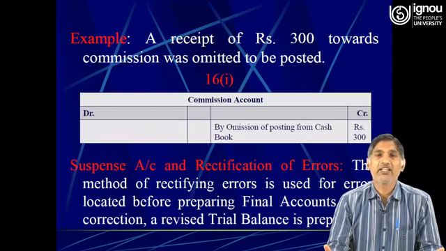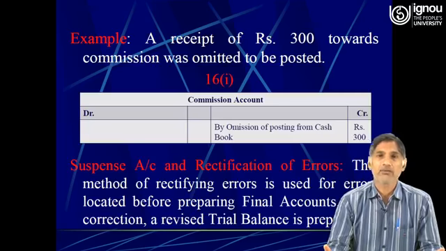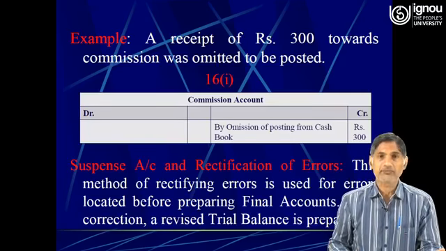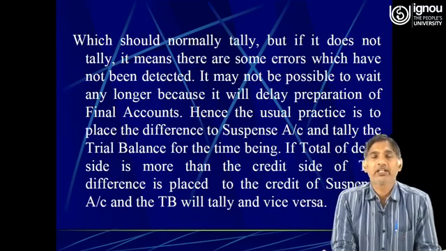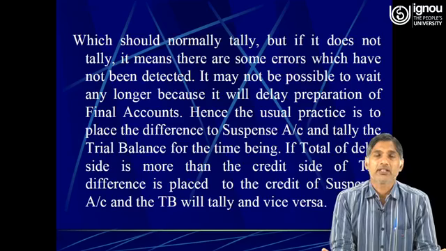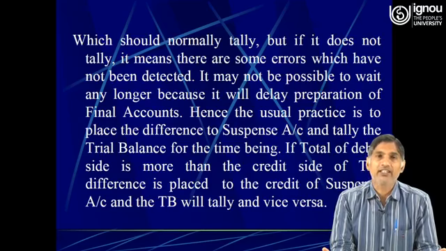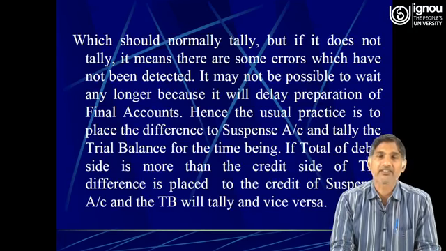After correction, a revised trial balance is prepared, which should normally tally. But sometimes even then it does not tally, which means there are some errors which have not been detected.